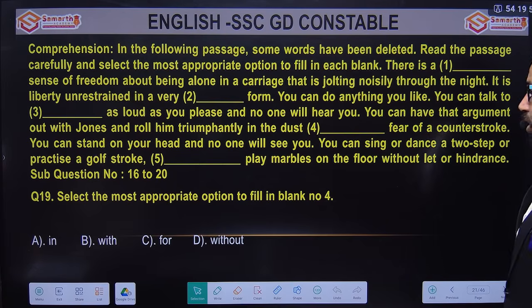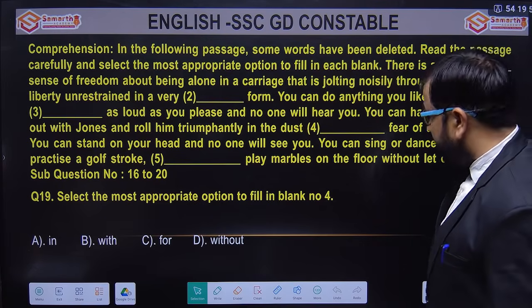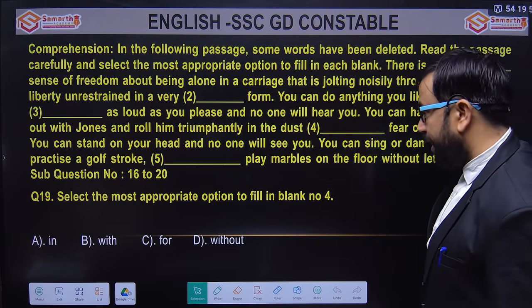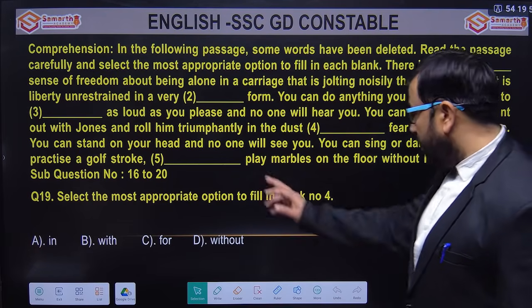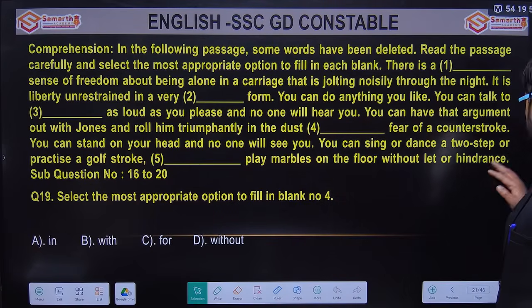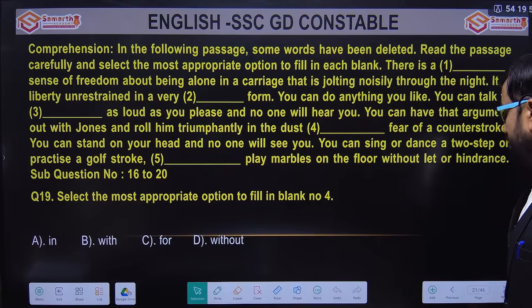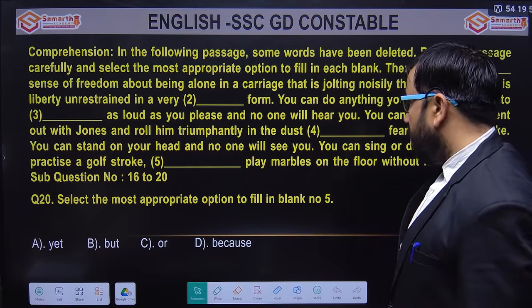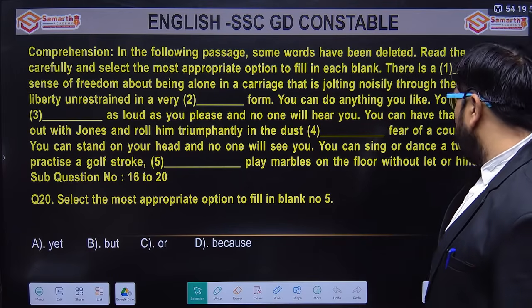Next one is: you can stand on your head and no one will see you. You can sing or dance a two-step or practice a golf stroke, dash play marbles on the floor without let or hindrance. The options are yet, but, or, because.